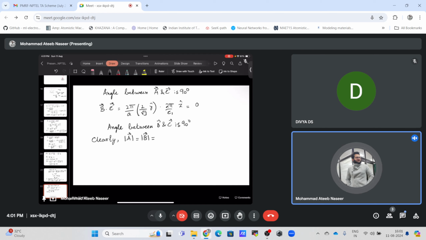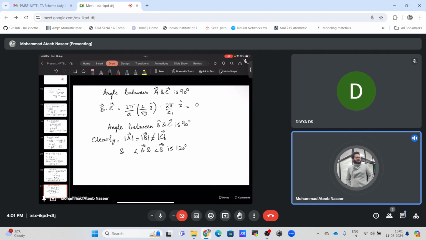And the angle between A and B is 120 degrees.